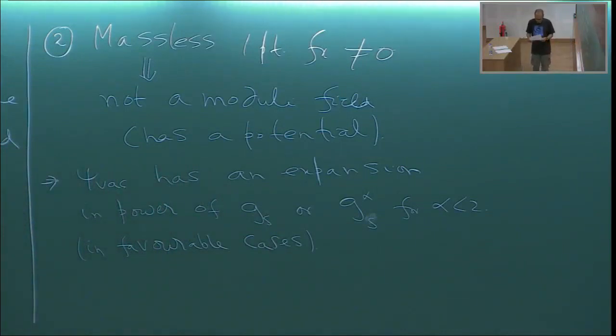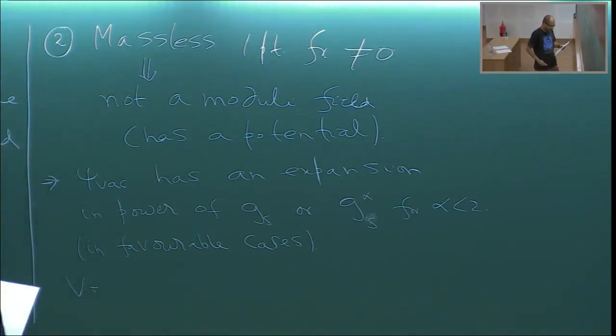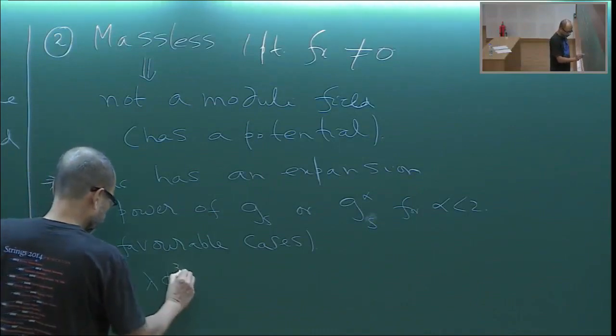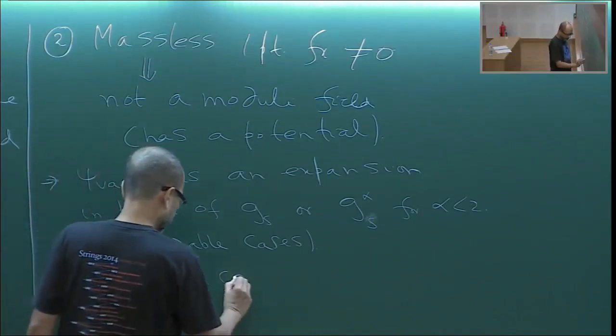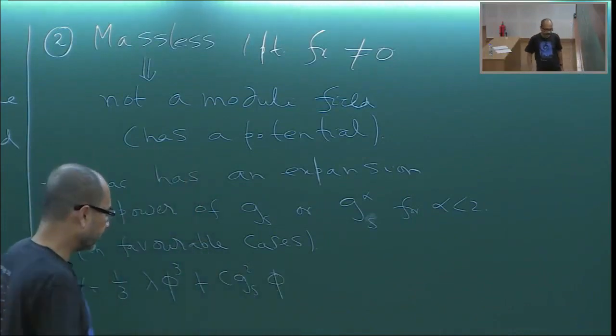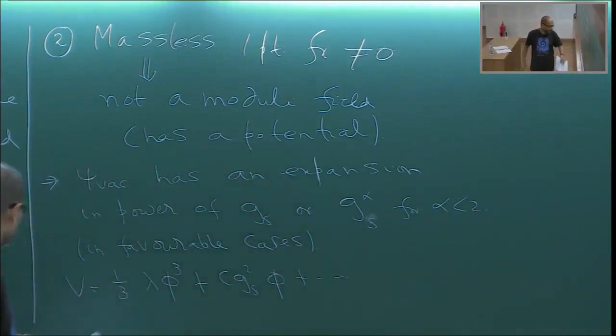So again, it's best to illustrate this by an example. Here we are considering the massless case, so there is no mass term. But imagine that you have a term like 1/3 lambda phi cube plus again a tadpole generated in perturbation theory and higher order terms. The potential that you calculate in perturbation theory, of course, has powers of gs square.